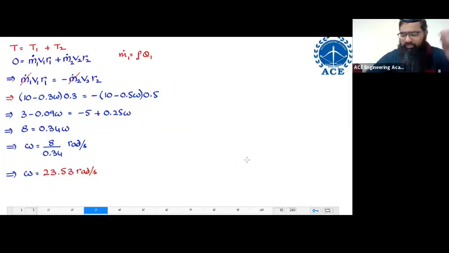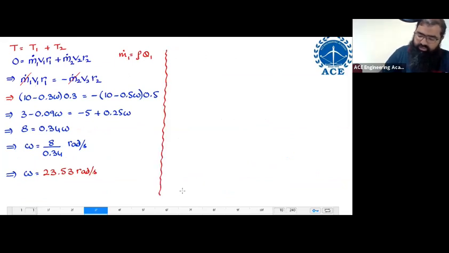Let us start a problem. Imagine the top view of the nozzles is something like this. Look at this case. Imagine you are having a problem something like this.